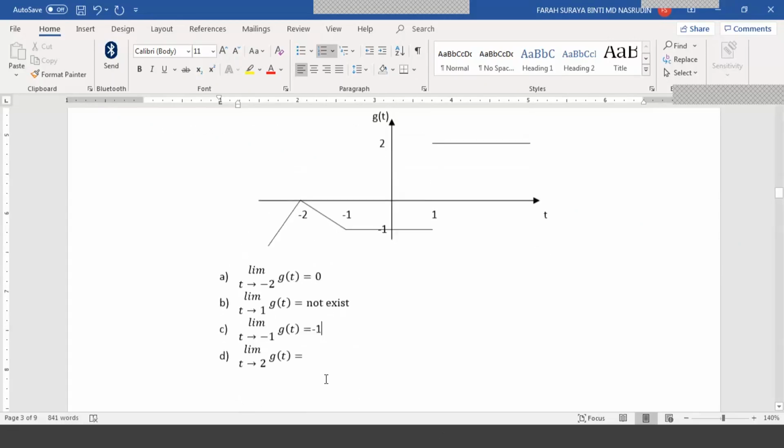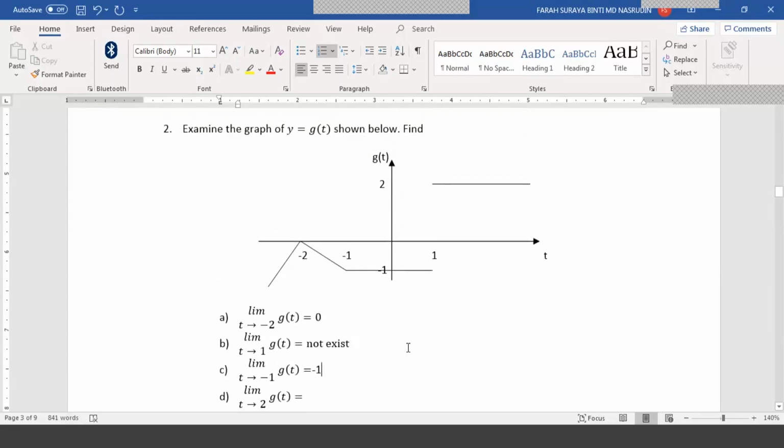Okay, dan last kali. Limit T approaches to 2. Muhammad Haziq. Nombor 2-nya mana, madam? Ah, tak ada dalam graf, tapi tahulah kan kat mana. Sekejap saya fikir jap.